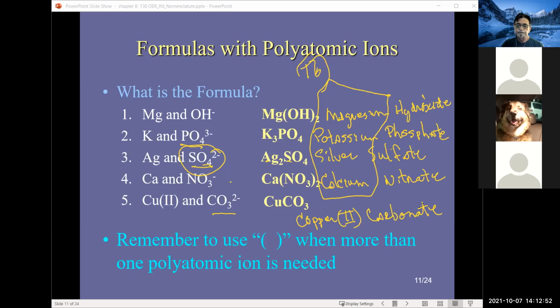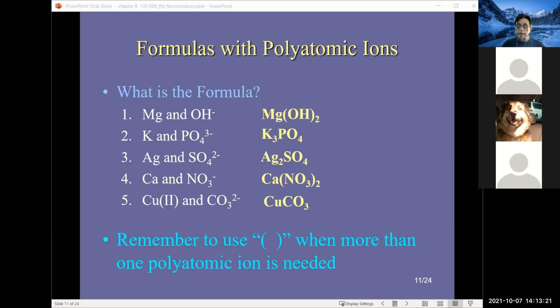All right. And as before, you can mix and match. You can hook up the magnesium with the phosphate, with the sulfate, or with the nitrate, or with the carbonate. Take the potassium with the hydroxide, the sulfate, the nitrate, the carbonate, etc., etc. So you're doing all kinds of mix and matching. Again, your database of compounds is slowly building up, okay?